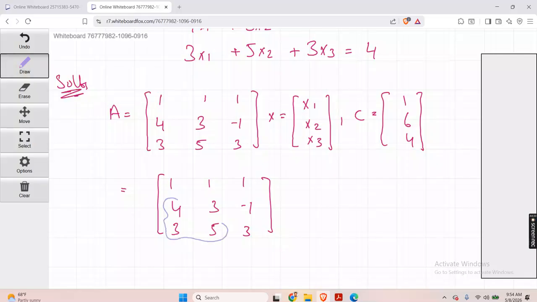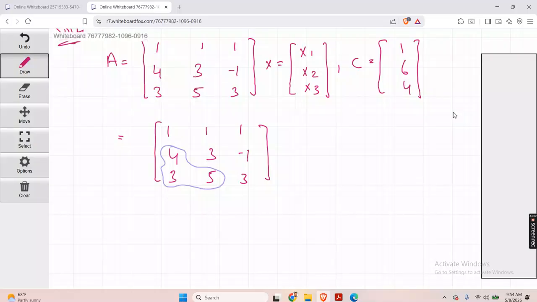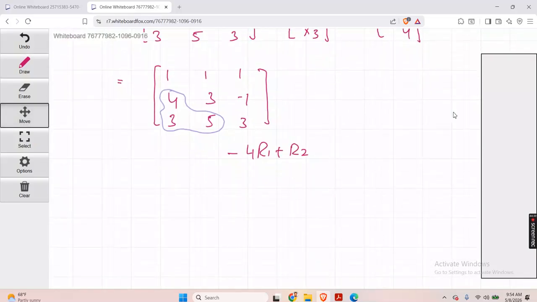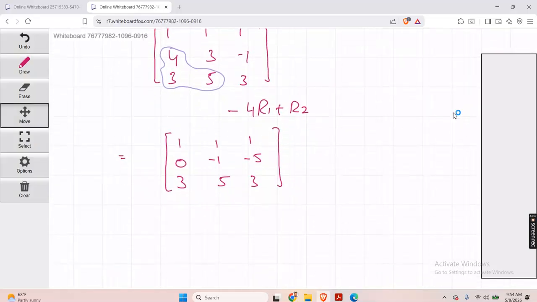We have to make these zeros. So we can apply minus 4r1 plus r2. You will get 1, 1, 1 will remain the same. This will remain the same. Only we are doing the operation on row 2, so it will become 0, minus 1, minus 5.